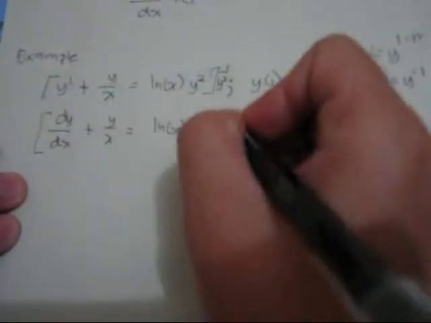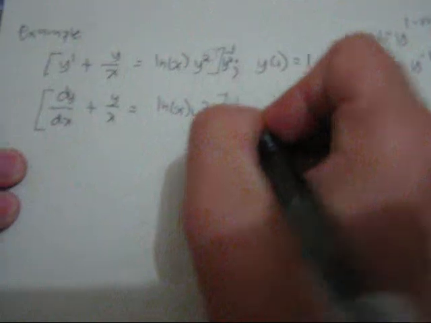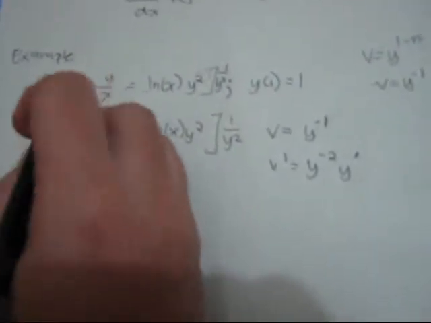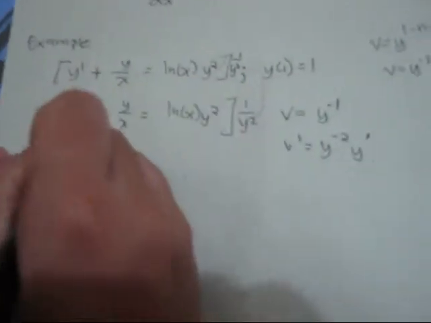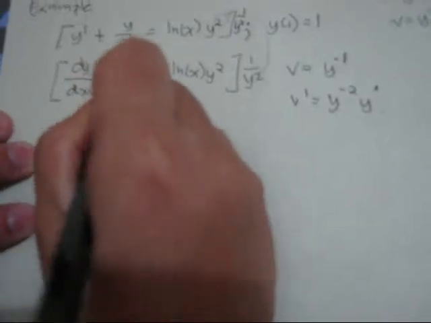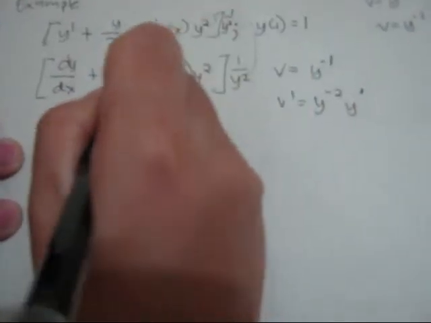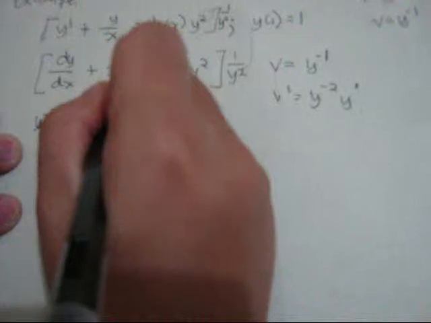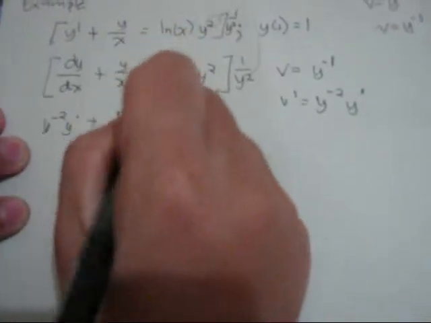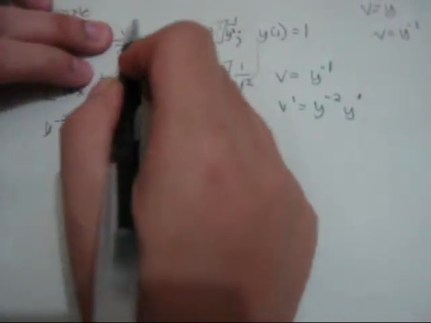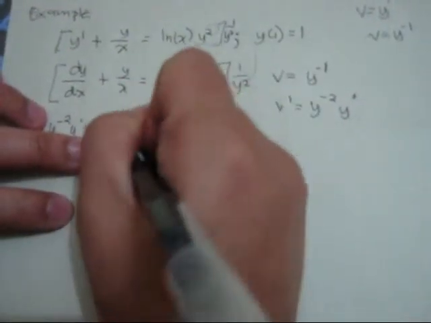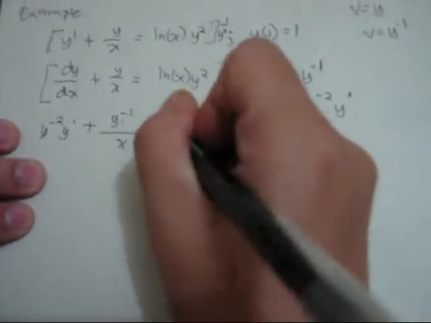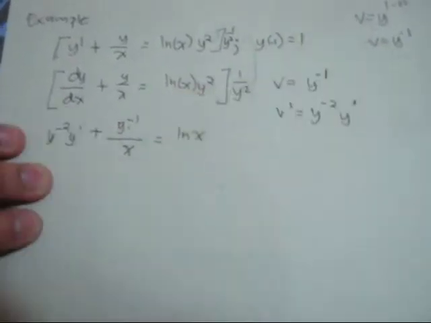Going back to this equation, y to the negative 2 times y prime plus y to the negative 1 over x equals ln of x.